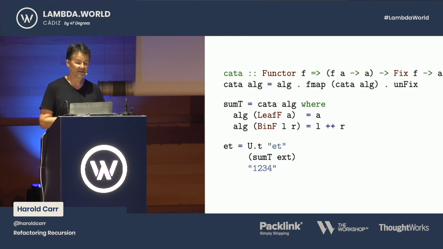So if I have a leaf of A and I'm doing sum, which is the same one I was doing before, I'm calling it sum, but I'm really concatenating, so I should have called it concat. So in the case it's a leaf, I just return the value. If it's two trees, I just concatenate the left and the right together. Notice at this point, I don't even have to think about the recursion in the system, because unfix and the cata are handling all of the recursion, and all I have to think about is the values themselves at that level. And it operates the exact same way.